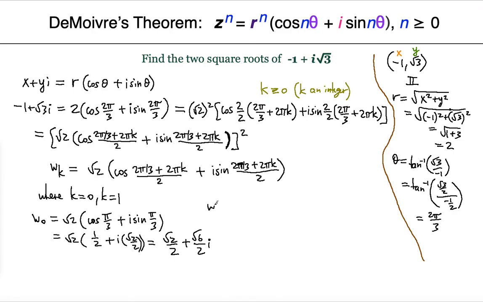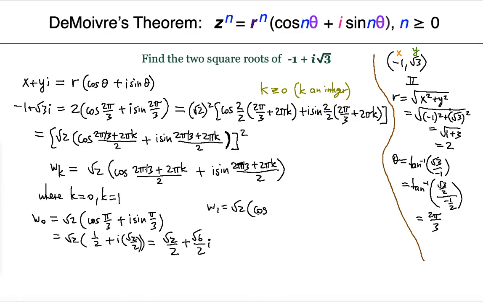The second square root with subscript 1 is going to be applying the k value of 1 this time, right? We tested the 0, now we're going to plug in the 1. So that's going to be radical 2 cosine. And let's see, so k is equal to 1 will essentially, by the way, we can factor out the 2's, right?